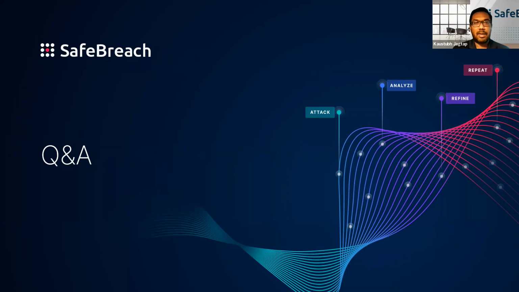Here's a question, and I do want to preface this that no vendor would actually be able to really answer this question in an accurate manner, but I'm just going to give Derek a chance to take a stab at it. We received a question: what percentage of coverage does SafeBreach cover against the MITRE ATT&CK?